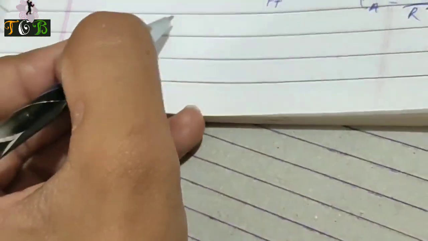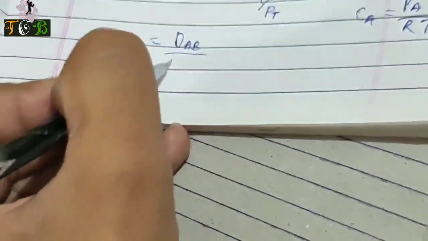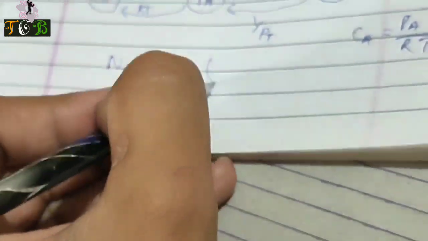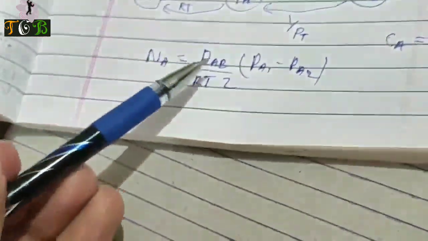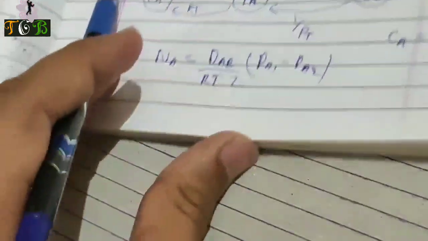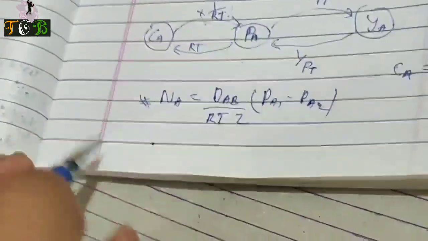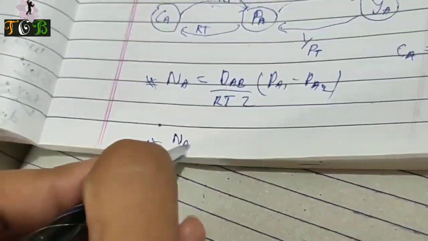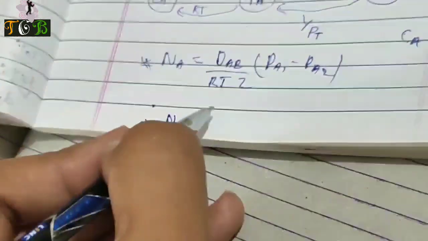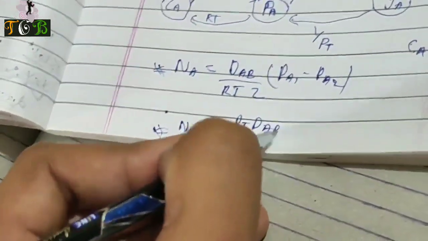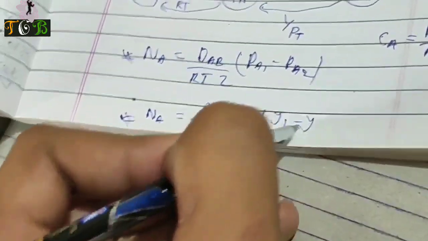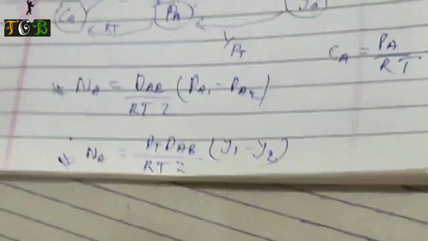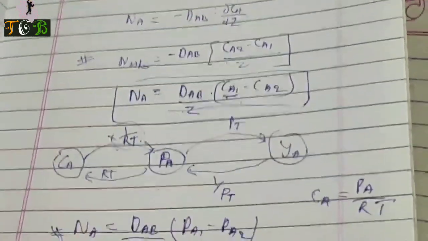So it will be Dab by RTz, which is already there, into just Pa1 minus Pa2. That's easy. Just multiply by 1 by RT and you get pressure. And for the third form, just multiply it with total pressure. So it will be total pressure Dab upon RTz into y1 minus y2. That's really easy. So far so good.